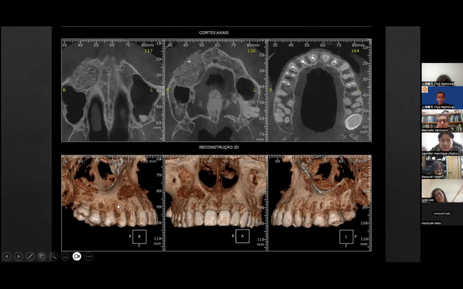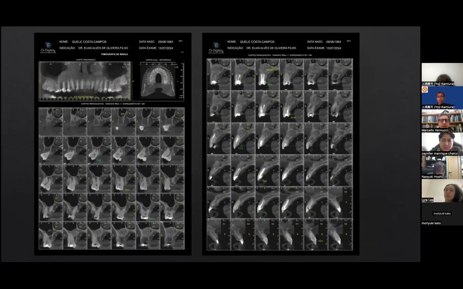So the most important thing is to understand the real necessity of the patient and do more conservative surgery. So this is the final treatment. It's interesting because we had no contact with the inside of the sinus during the surgery.